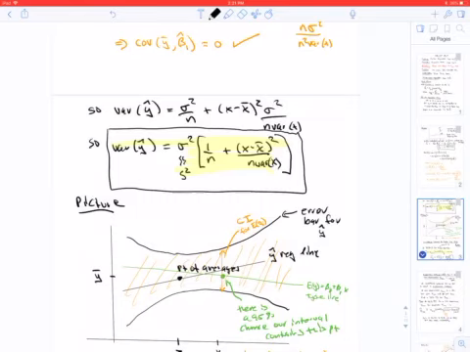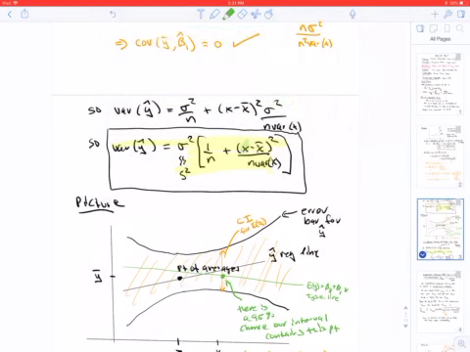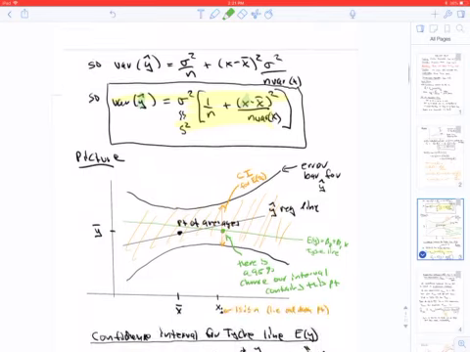So just to be totally clear here, in this formula, this x right here is a particular x, and this y hat here is the point on the regression line for that x, right?